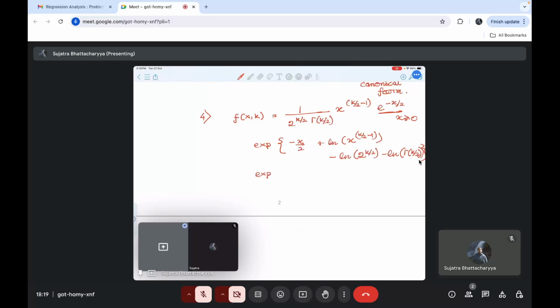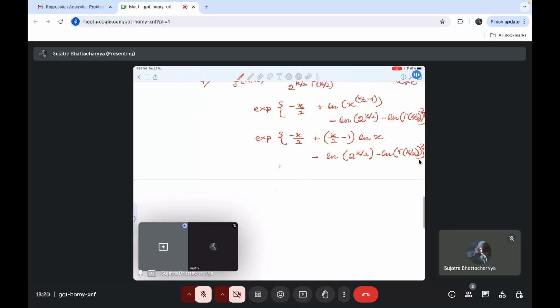But let us reduce it further. Minus x by 2. This becomes k by 2 minus 1 log of x, and finally you get log of 2 to the power k by 2 minus log of gamma k by 2. That's all.